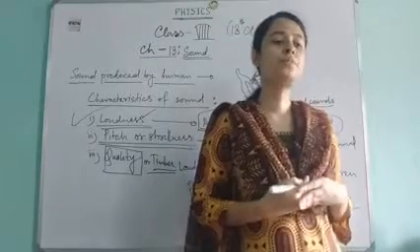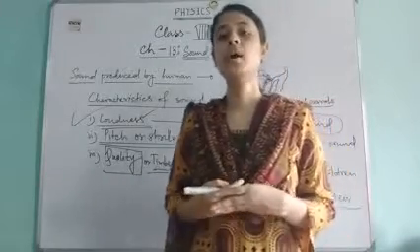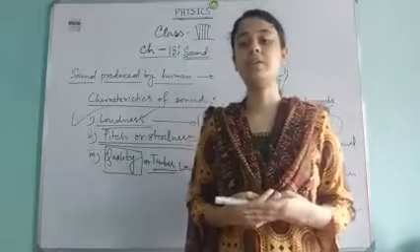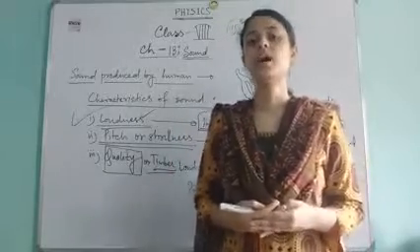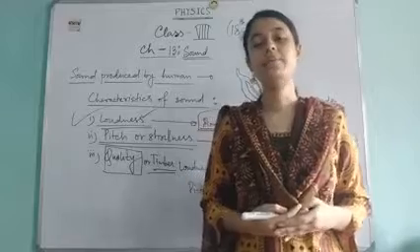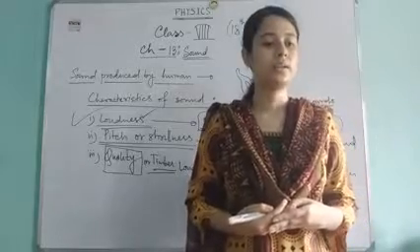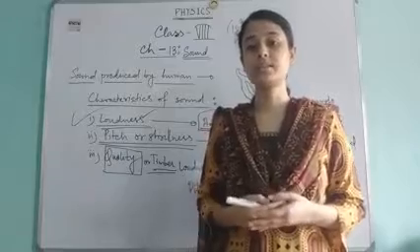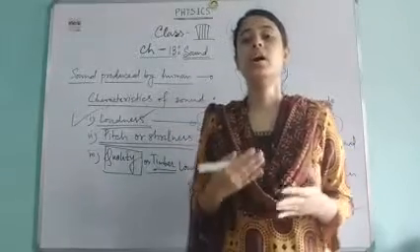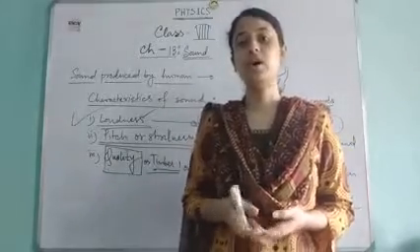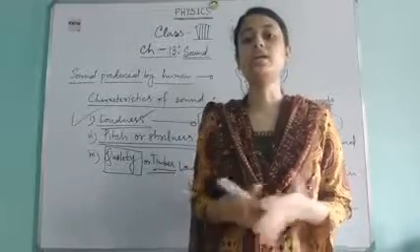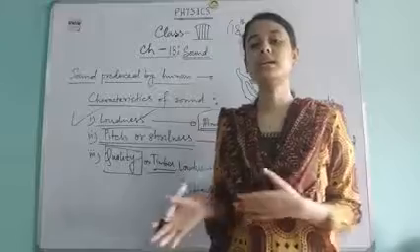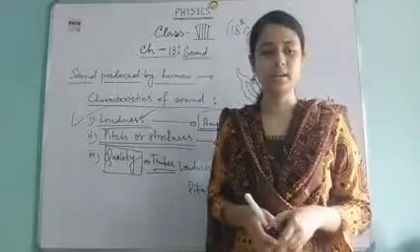How it propagates through a medium, or in air specifically, will be discussed in our next class with the help of a proper diagram, and from there we can conclude why it is impossible to hear or communicate in space without any electronic device. Okay, so till then keep your concepts clear on these topics and be safe.